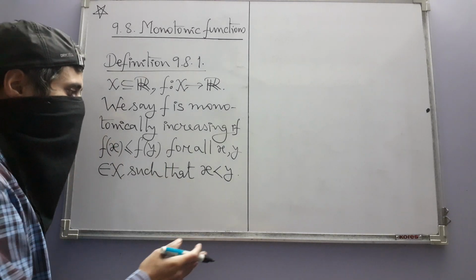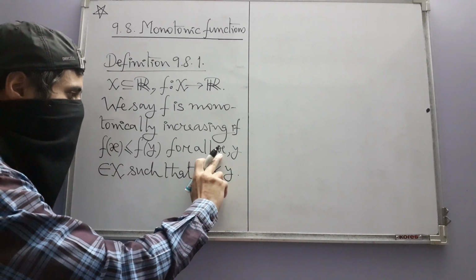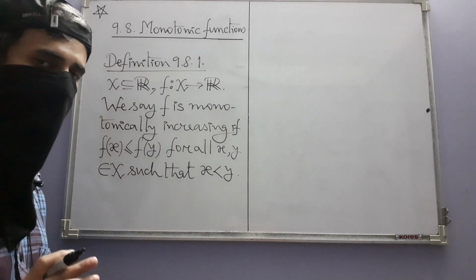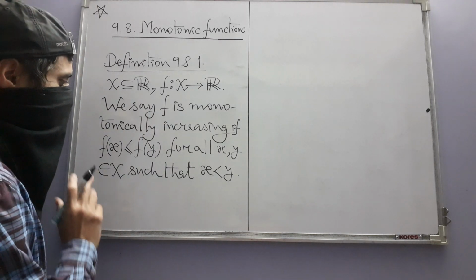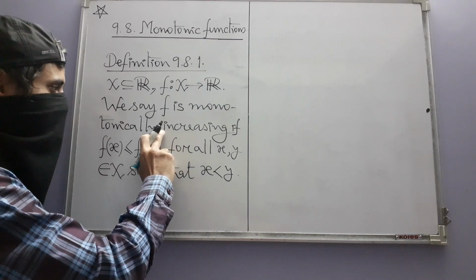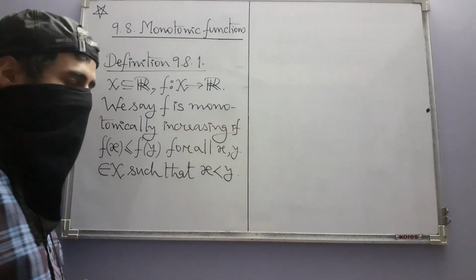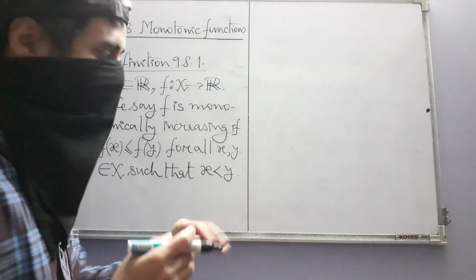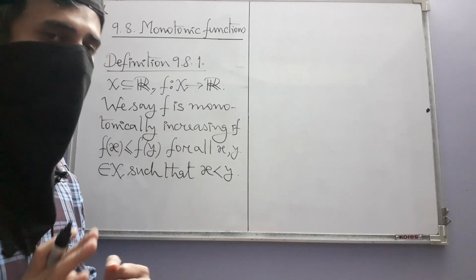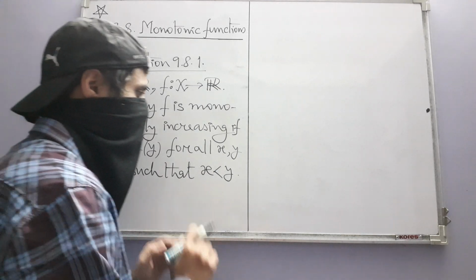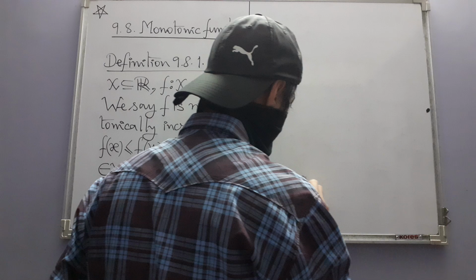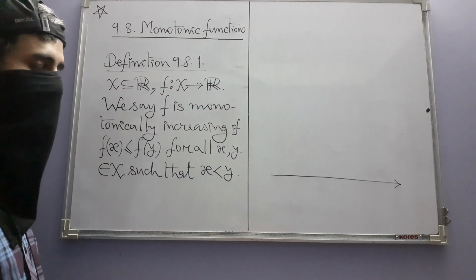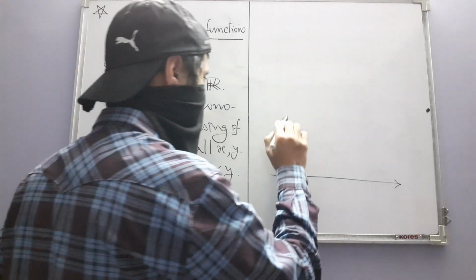Now if this condition continues to be true for any two such points x and y in x, then we call f monotonically increasing. Now to make this simple, you just think of what the word increasing means. Increasing means that f values are increasing. In what way are they increasing? Perhaps this is the easiest way to understand the situation.